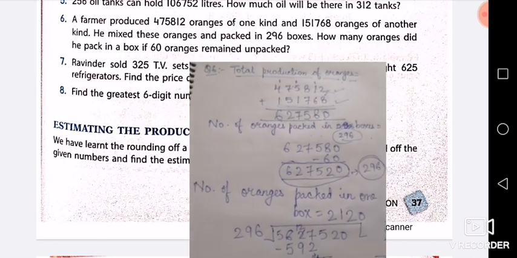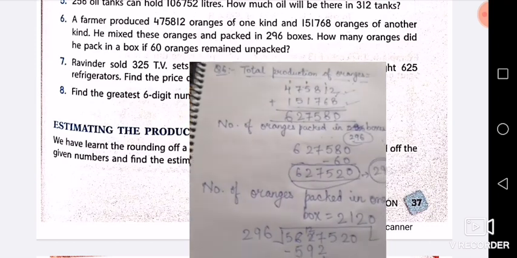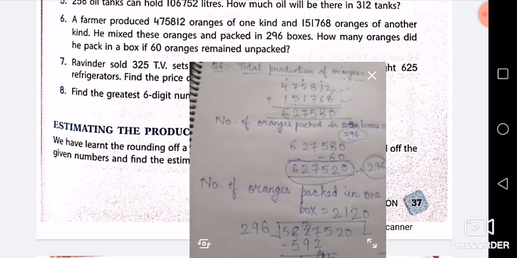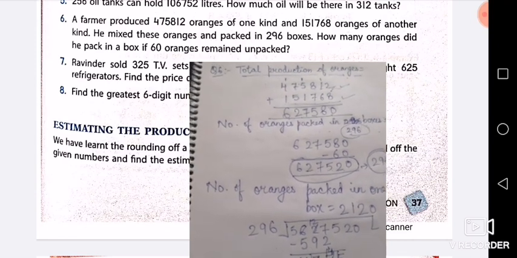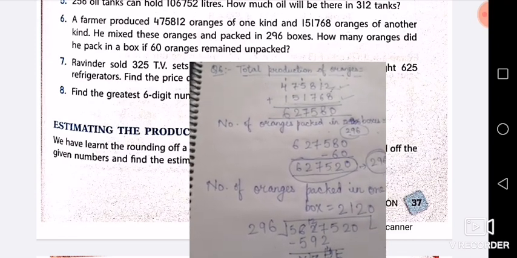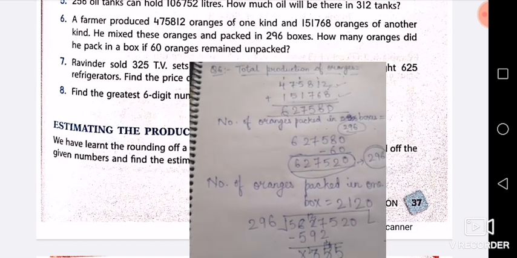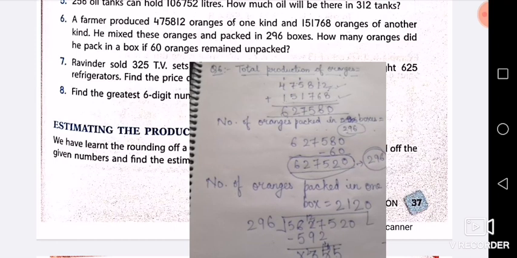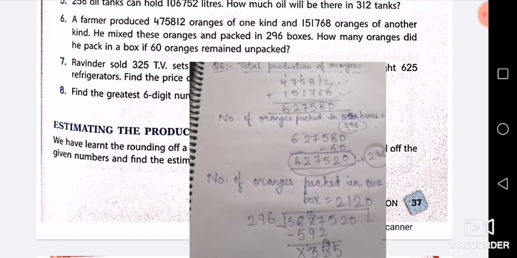Okay, fine. So see children, now my question is, how many fundamental operations have you used in this question? Yes, you can see on the screen also, 3 operations you can see.